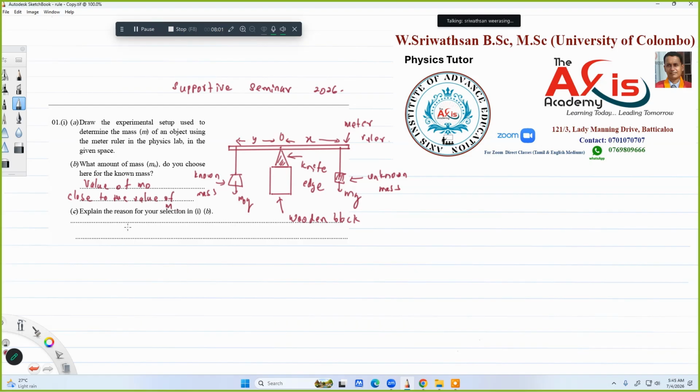Explain the reason for the selection. Why? If m naught is nearly equal to m, the values of x and y will be slightly equal.